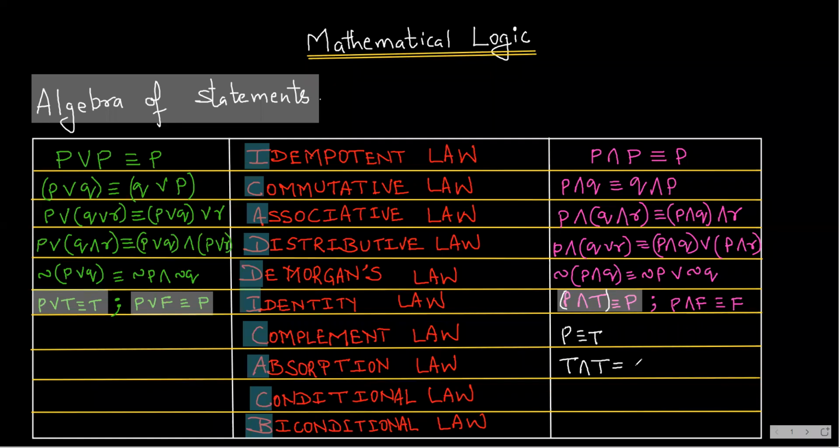True and true is true, which is nothing but the truth value of P. So in short, whatever be the truth value of P, if you have P and true, then the truth value of P and true will be the truth value of P. This is identity law.